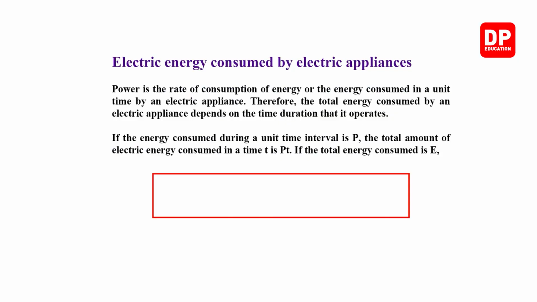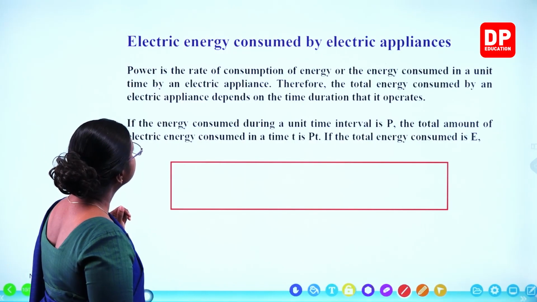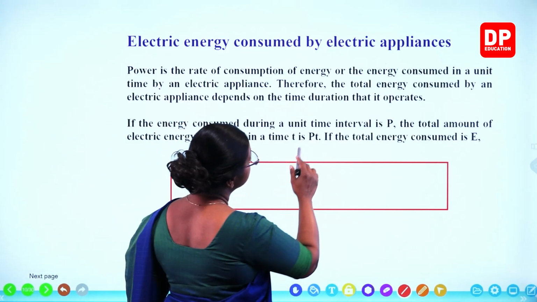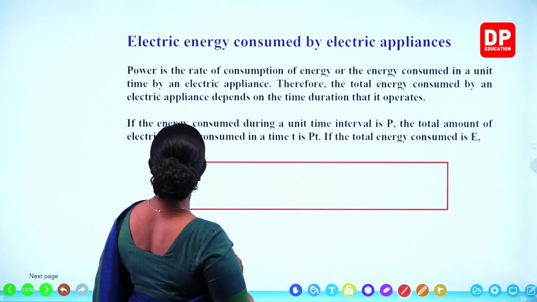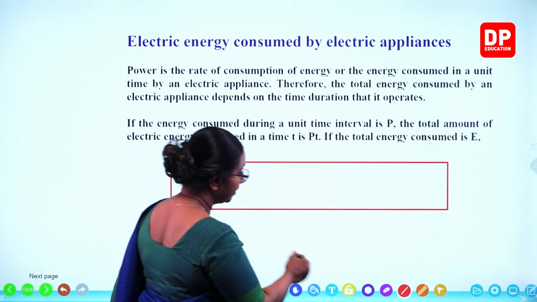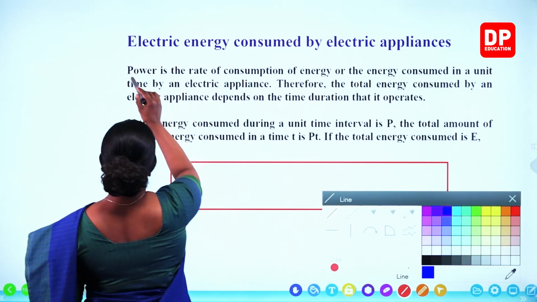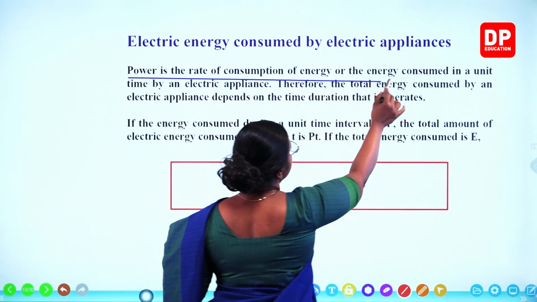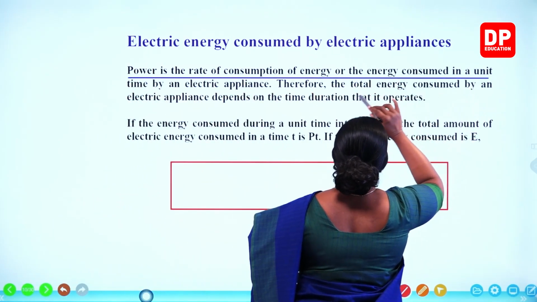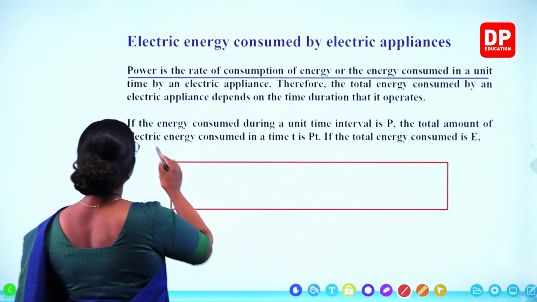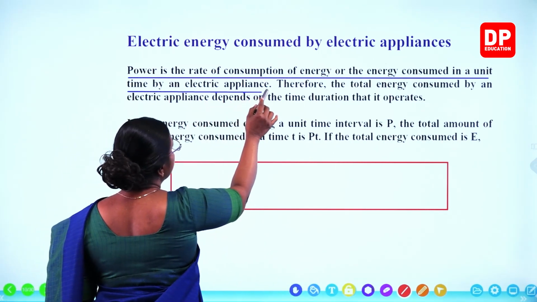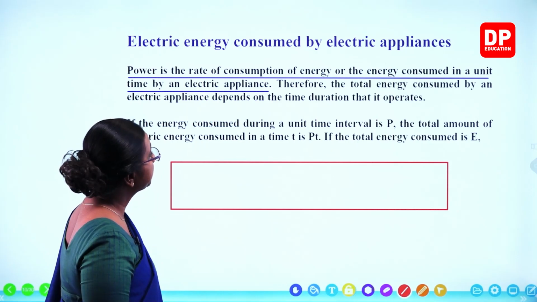Electric energy consumed by electric appliances. Power is the rate of consumption of energy, or the energy consumed in a unit time by an electric appliance.